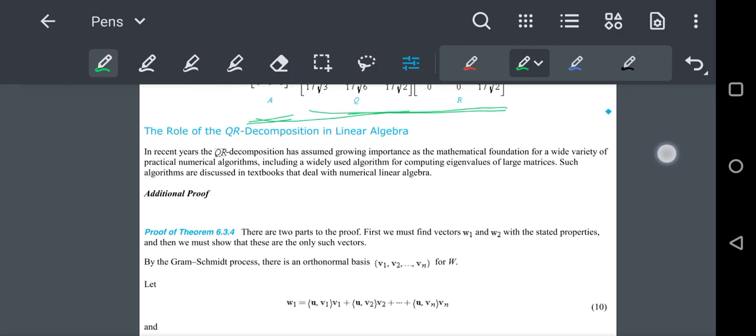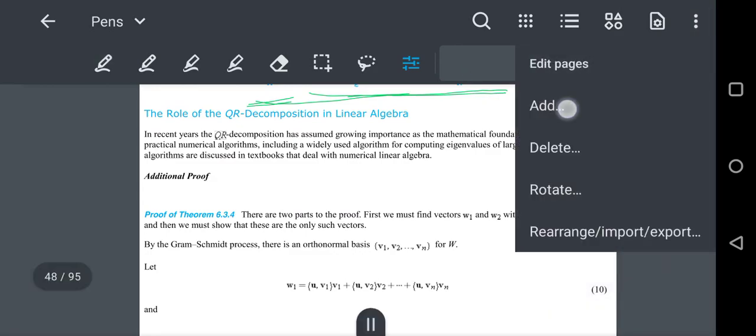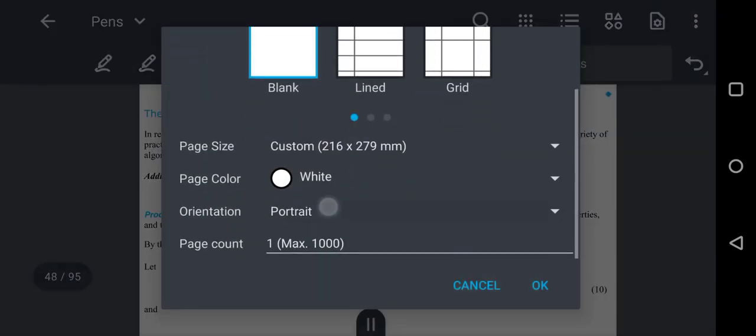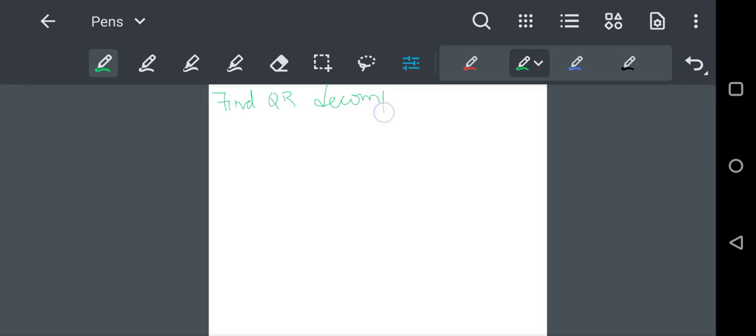So let us do one more problem under QR decomposition. Find the QR decomposition for the matrix A equal to 1, minus 1, 2, 3.